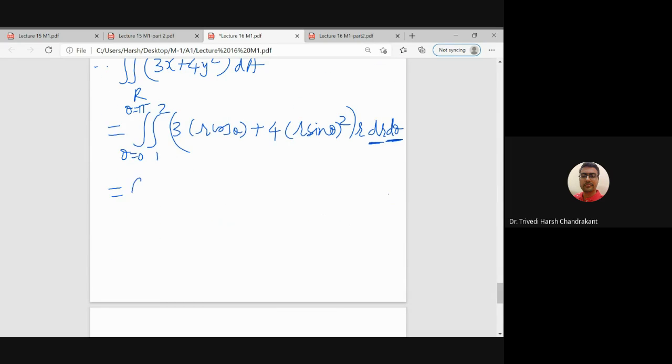If we integrate first with respect to r, we get 3r square cos theta, so the integral will be r cube cos theta, because the integral of r square is r cube by 3, and the second term will be 4r cube sine square theta, which becomes r power 4 sine square theta as the integral. The limit of r is between 1 to 2.